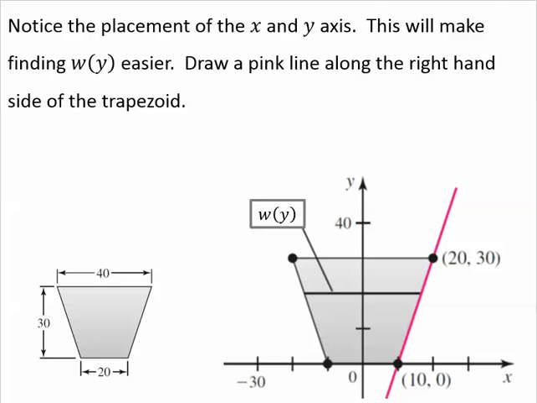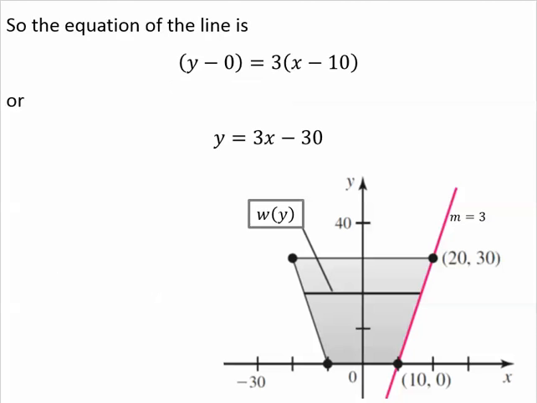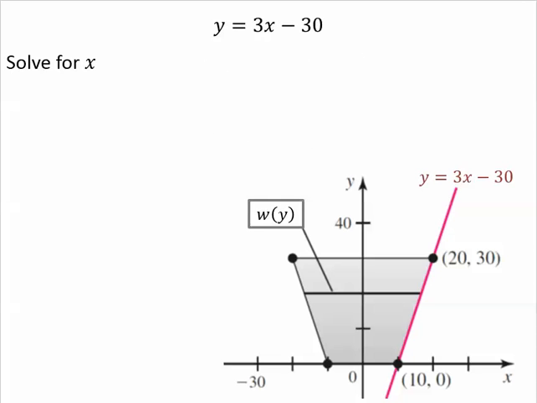Draw a pink line along the right-hand side of the trapezoid. The slope of the pink line is 3. Then, using the point (10, 0), I get the equation of the line. Solve for x.